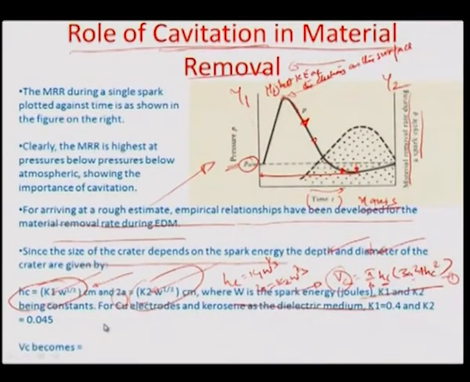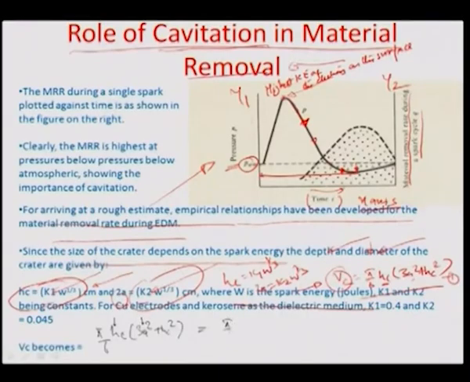So as you know, this is equal to pi by 6 times Hc times (3a square plus Hc square), and we just substitute the values obtained in both the cases.